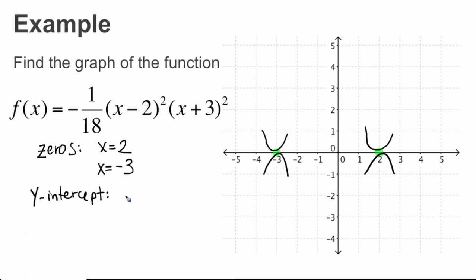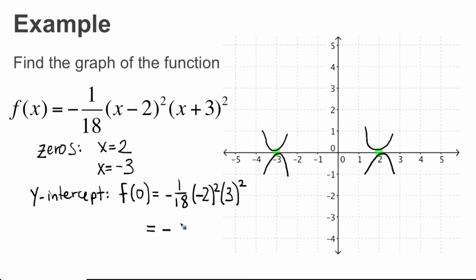Now let's find what the y-intercept is. The y-intercept is what we get when x equals 0. So we have that f of 0, in this case, is -1/18. When x is 0, we get (-2) squared. And when x is 0, we get 3 squared.